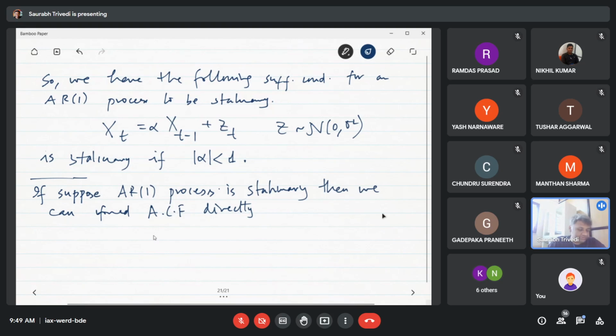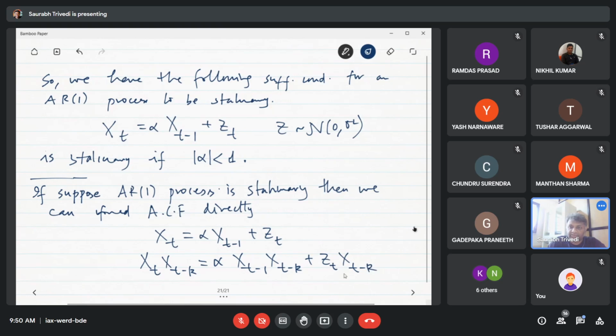And how do we do this? So we know xt equals alpha xt minus 1 plus zt. Now all you need to do is to multiply by xt minus k on both sides. So if I multiply by xt minus k on both sides, I get alpha xt minus 1 xt minus k plus zt xt minus k, right?